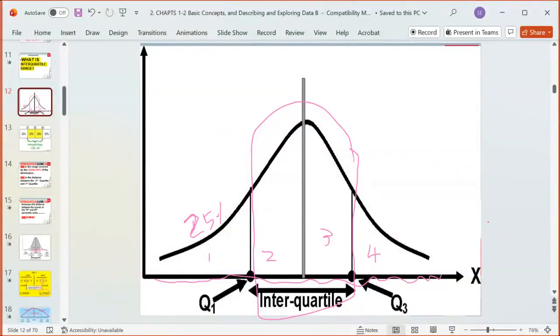With that in mind, if you divide the 50%, you get 25% on each side. So you have 4 quartiles, each 25%. The first quartile, right there, I put 1, and the second quartile, and third quartile, and the fourth quartile. So these are the quartiles.